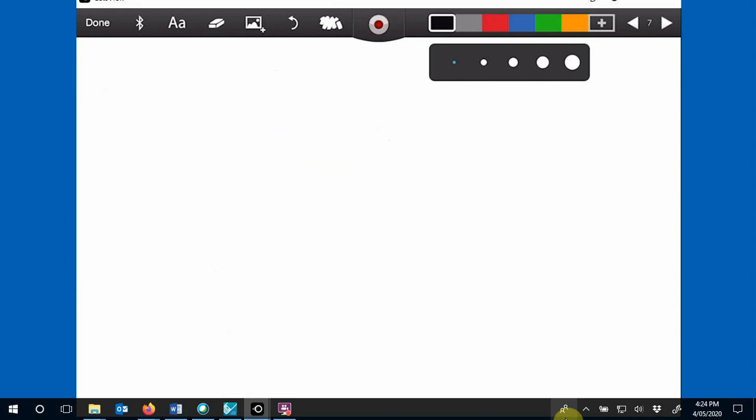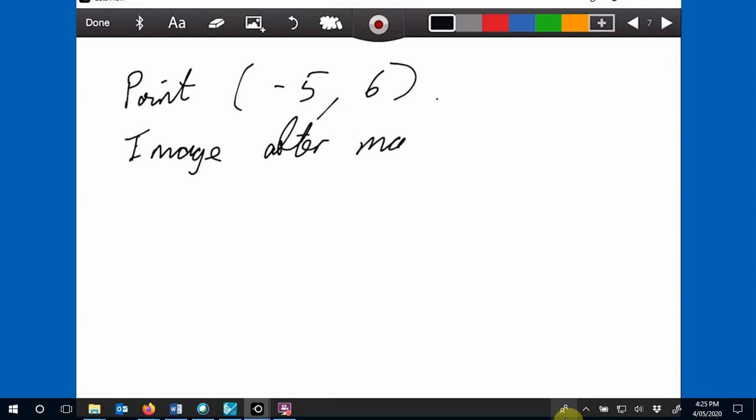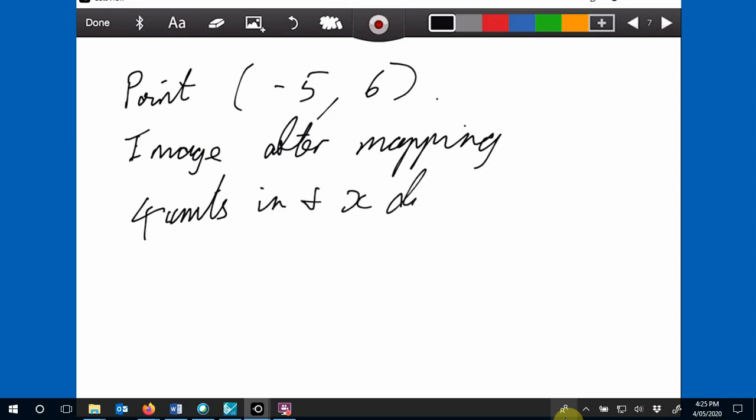Another sort of question you might be asked is if we've got a point, say -5 and 6, and find our image after a mapping of say 4 units in positive x and 2 units, whoops, can't spell, in negative y.